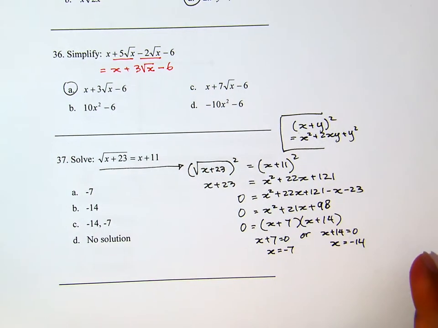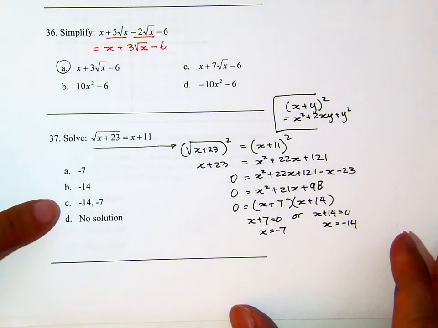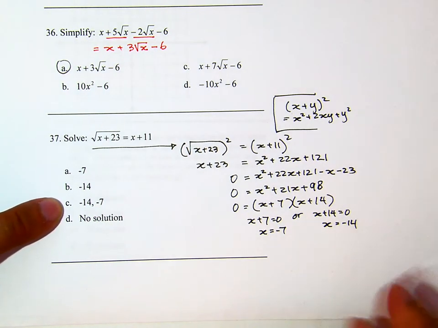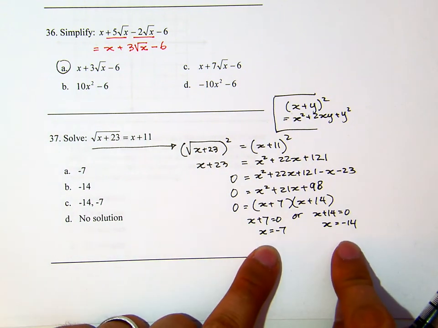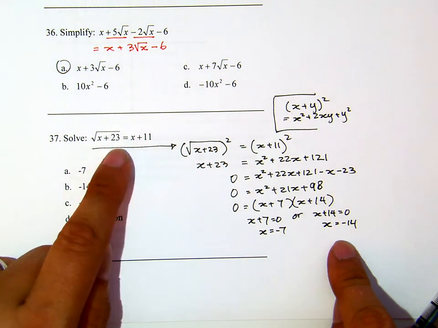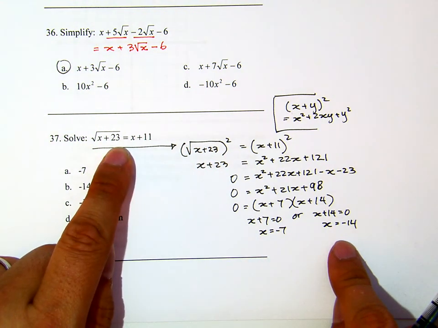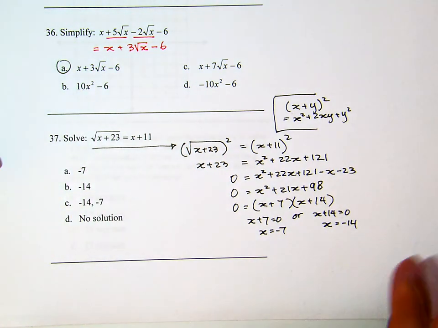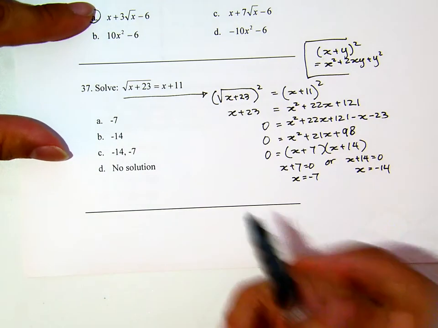But hold on. It doesn't mean that C will be the answer right away, because we need to check if both of these are solutions for the original equation. You need to formally do the checking. Now let me do the checking here.